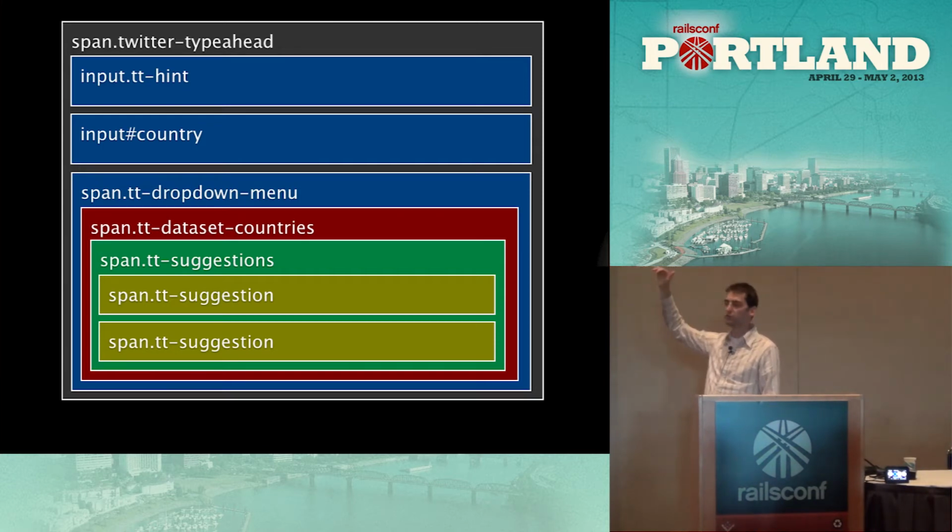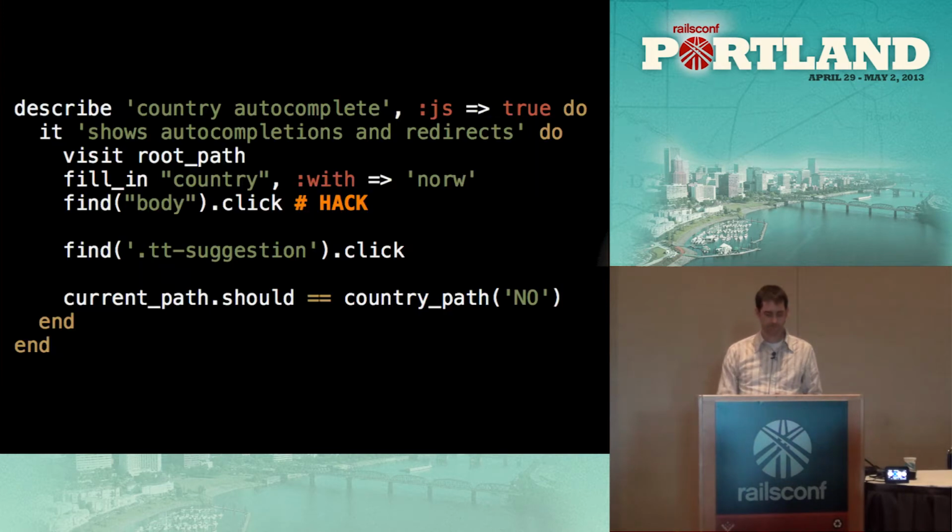And then underneath the input, there's the tt-dropdown-menu and the tt-dataset-countries, which is the name of the data. And then inside that, there's tt-suggestions and the individual suggestions. So if I'm typing AF, Afghanistan is going to be one of the tt-suggestions. And if I type something that doesn't match any countries, the tt-suggestions isn't going to have any children. So just try to keep that in mind as we look at these next tests.